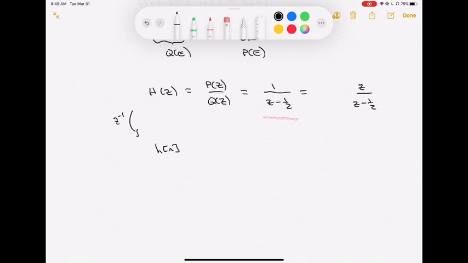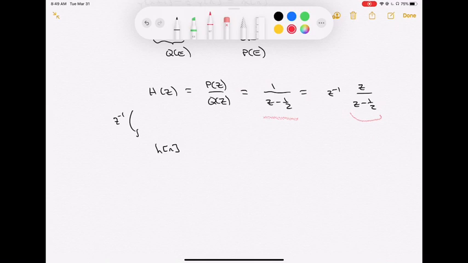So if I wanted to get from 1 over z minus a half to z over z minus a half, I could do it just by multiplying by z to the minus 1, and then that would weight the z in the other. Those are equivalent expressions. 1 over z minus a half is the same as z to the minus 1 times z over z minus a half.